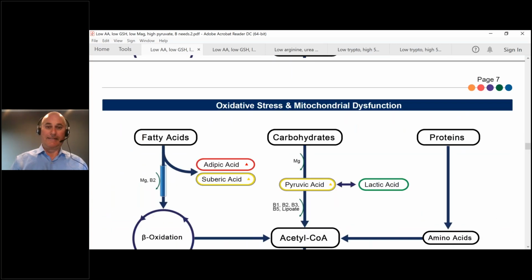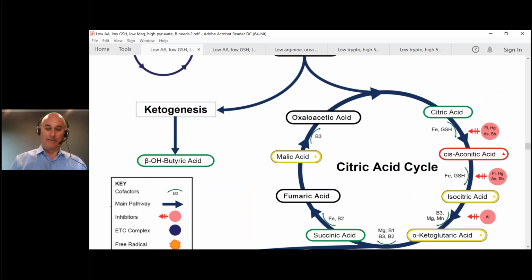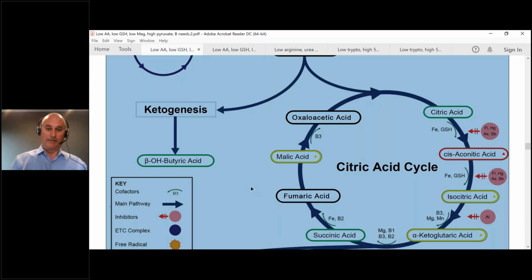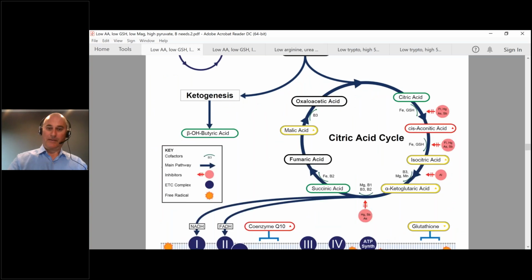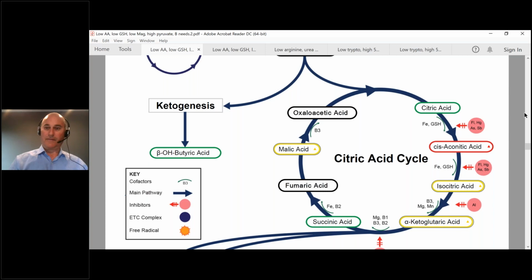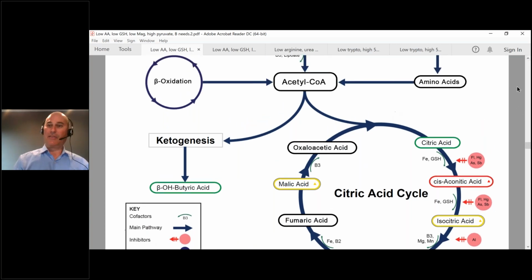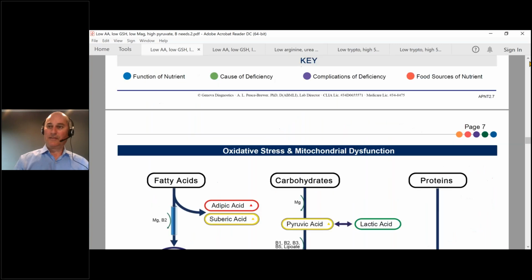Now we can break this down and you can look more specifically at the details of the test here. I'll show you here. Make that smaller maybe, you can see that better. Here. So you can see specific pathways here that are thrown off.